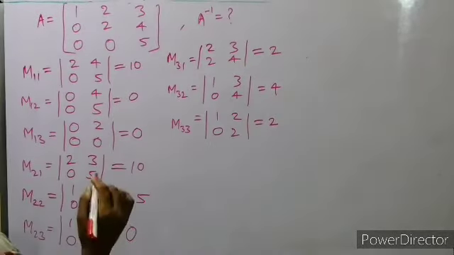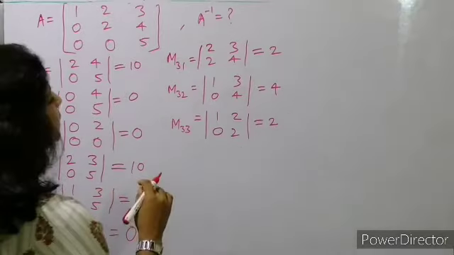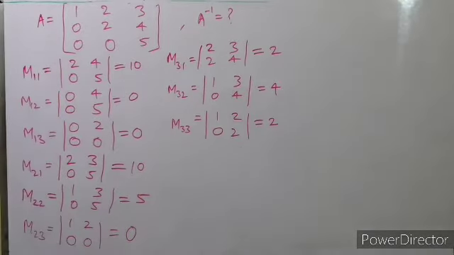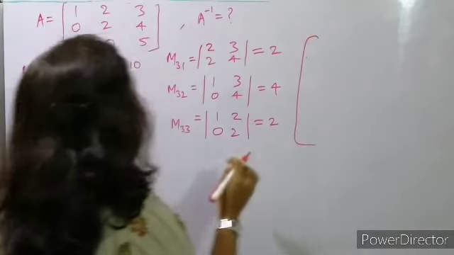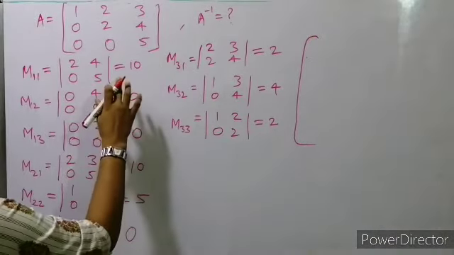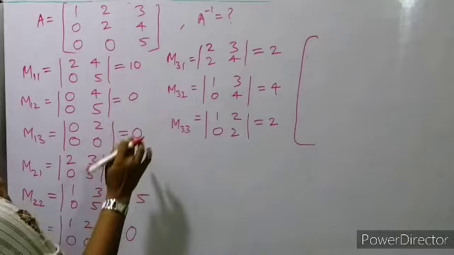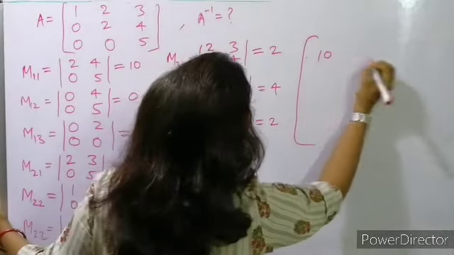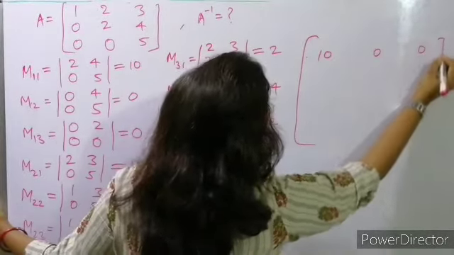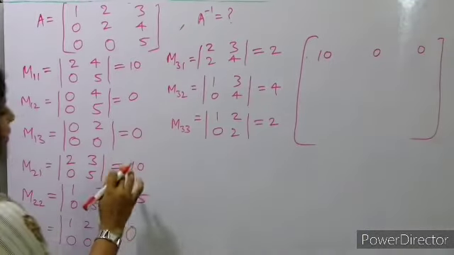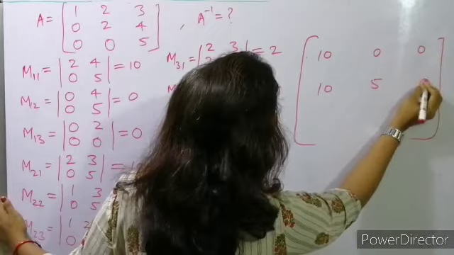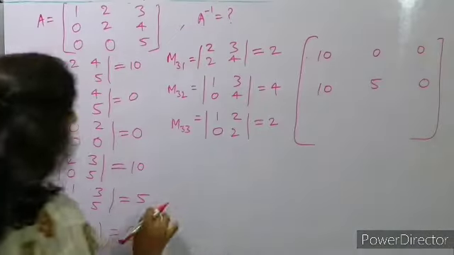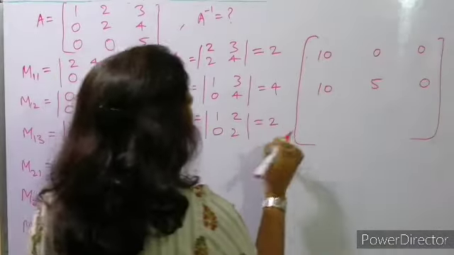Okay. So first of all, we'll write the values of the minors, the whole column. 10, 0, 0. 10, 5, 0. 2, 4, 2.